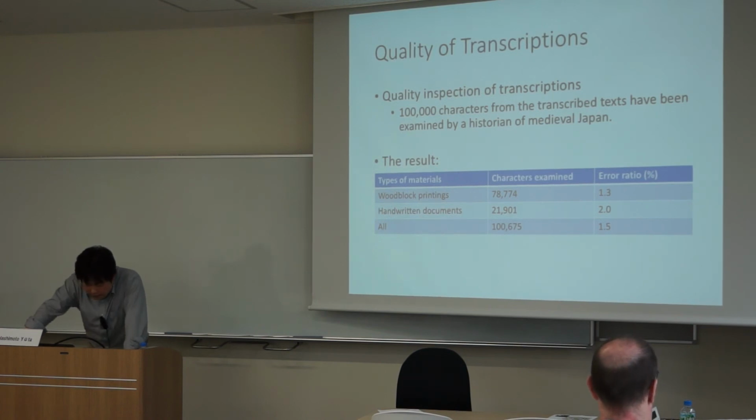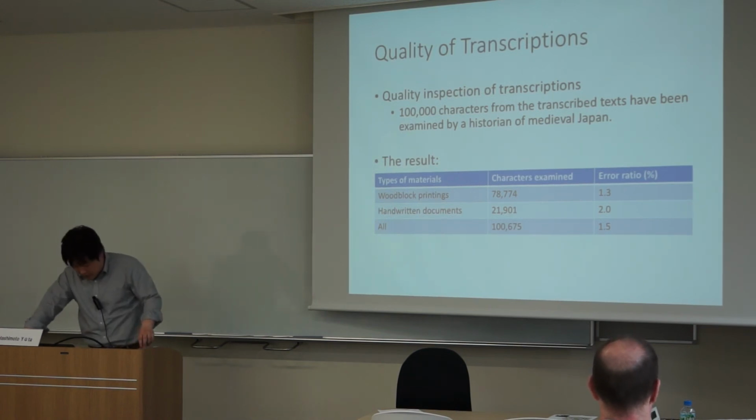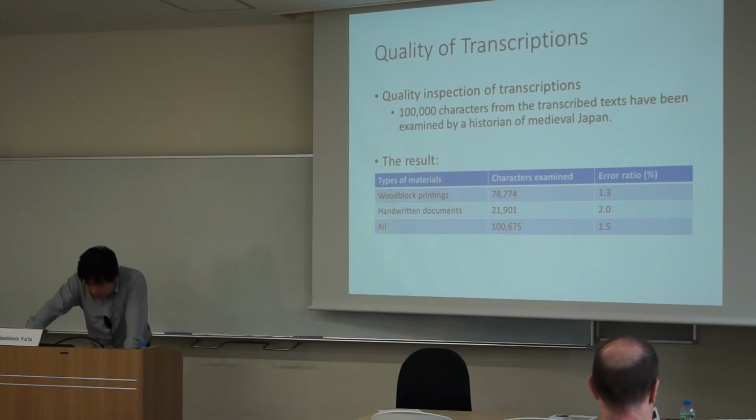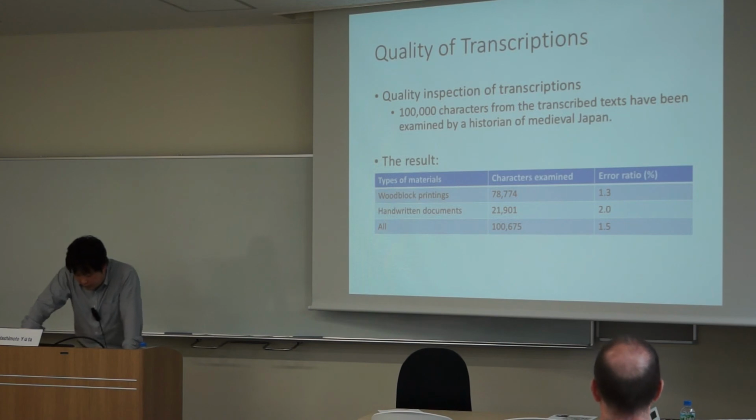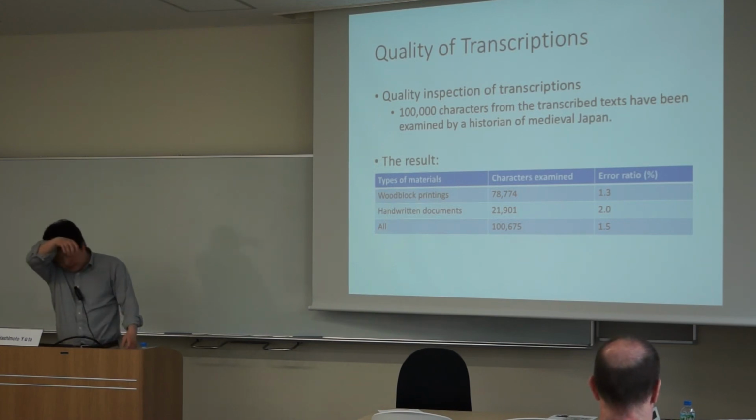And in the case of handwritten documents, which are more difficult to transcribe, the error ratio was 2.0, and overall the error ratio was 1.5.